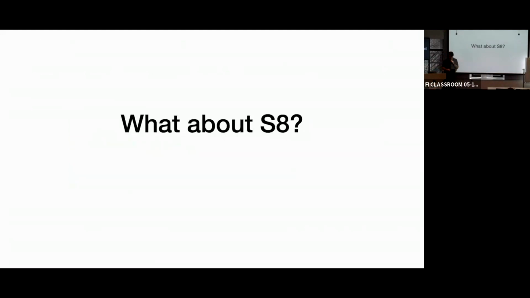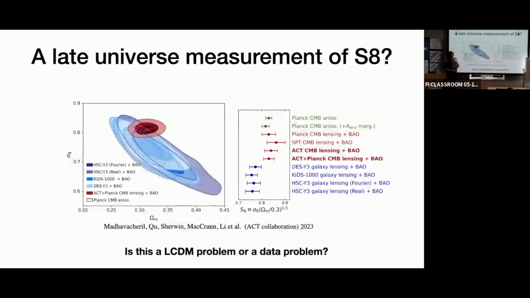What about S8? Well, S8 is a disagreement between various measurements of the amplitude of fluctuations at the 8 megaparsec scale. So you can do your CMB analysis and extrapolate in lambda CDM to 8 megaparsecs. You get a value, or you can directly measure it, or measure something near it, using galaxies.